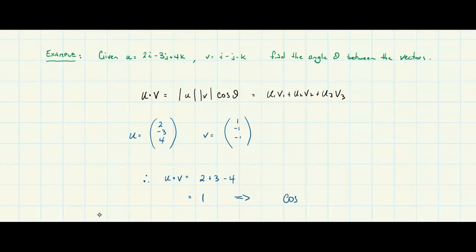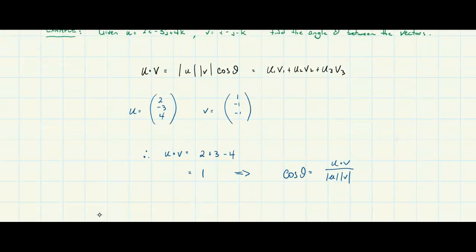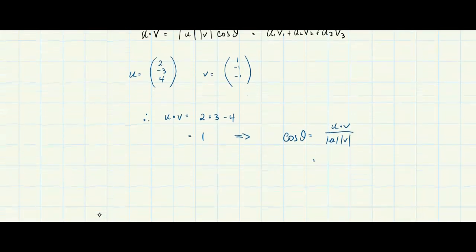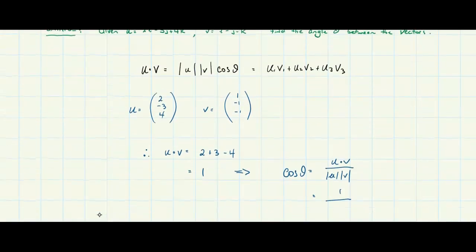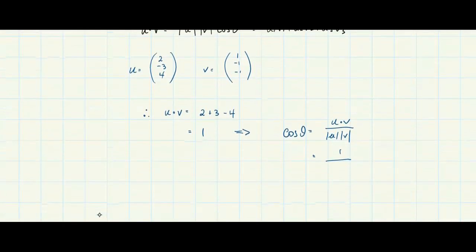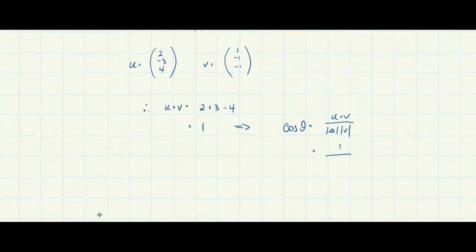So making cos theta the subject, I've got u dot v over the product of the magnitudes of u and v. So u dot v we've just calculated. Now, what's the magnitude of u? 4 plus 9 is 13, plus 16 is 29, so root 29, by root 3.